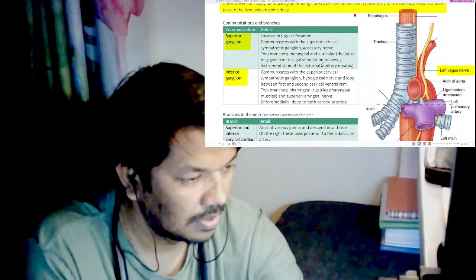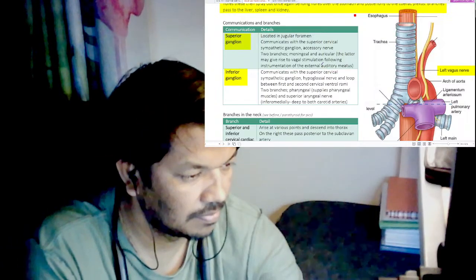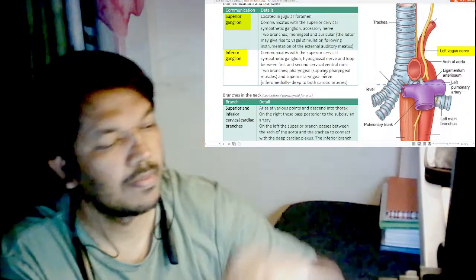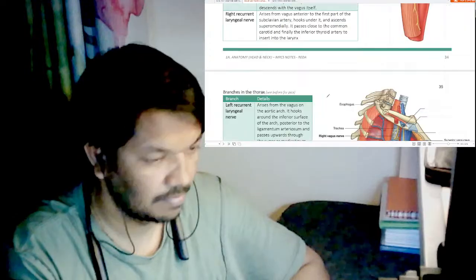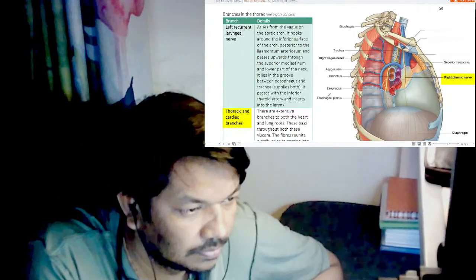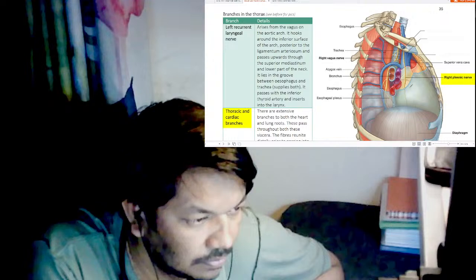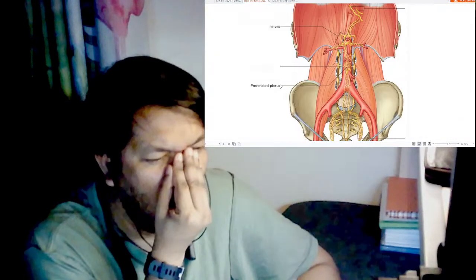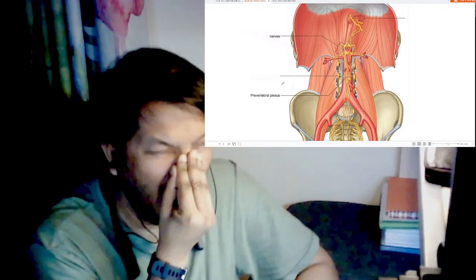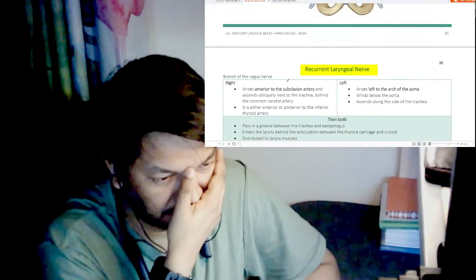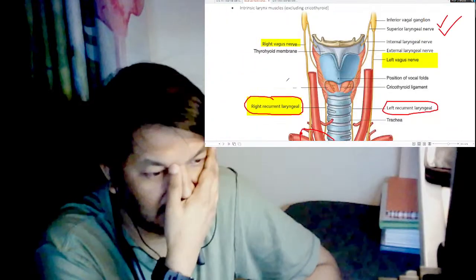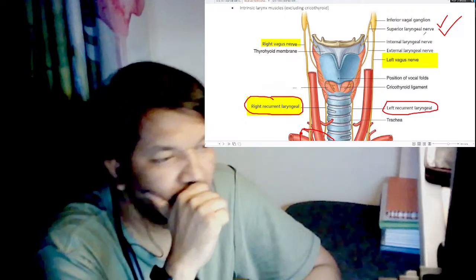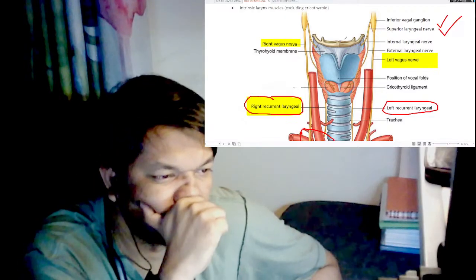Here, left vagus. Right vagus. This is again recurrent laryngeal nerve. This is very, very important. Inferior vagal ganglion, superior laryngeal nerve.